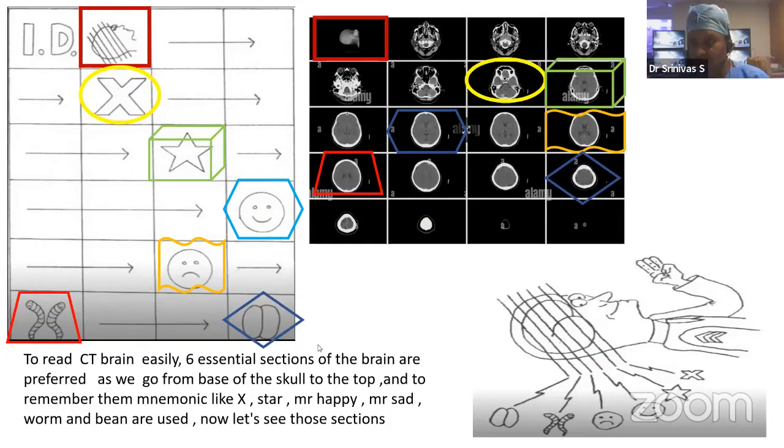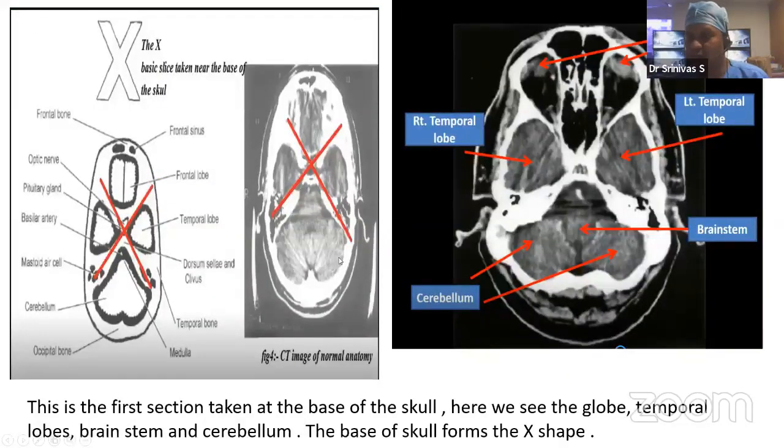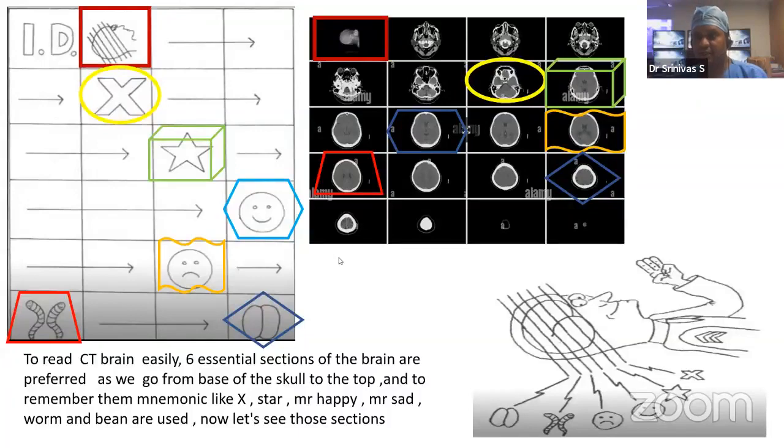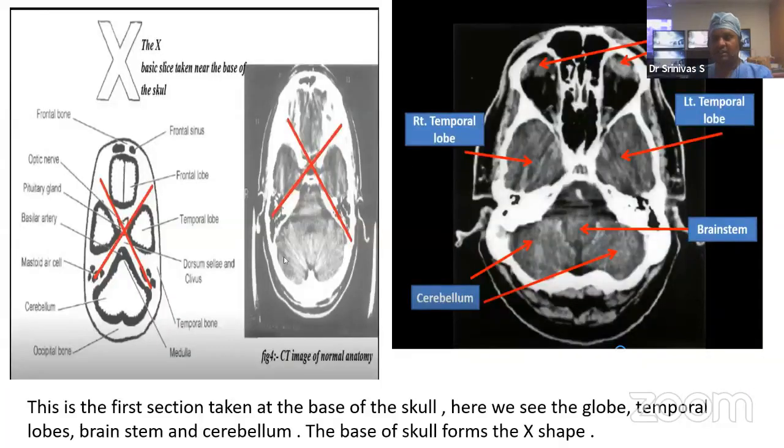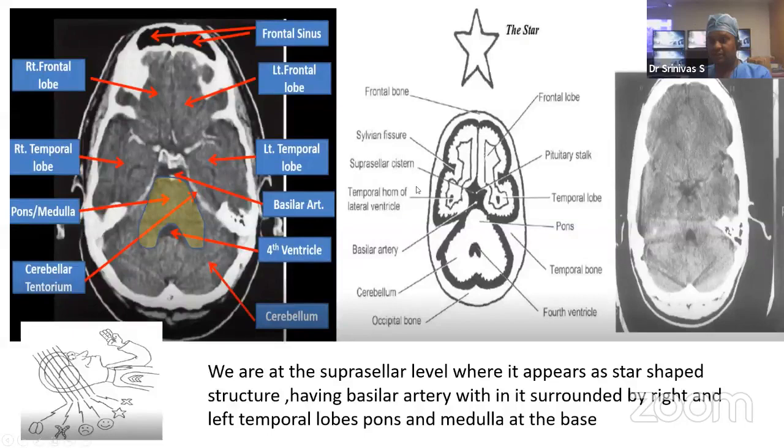As we go further, I will explain how these can be remembered. Whenever you see an X-shaped structure on the CT scan, it is the first section, taken at the base of the skull. Here you see the globe, temporal lobes, brainstem, and cerebellum. The base of the skull forms the X shape.